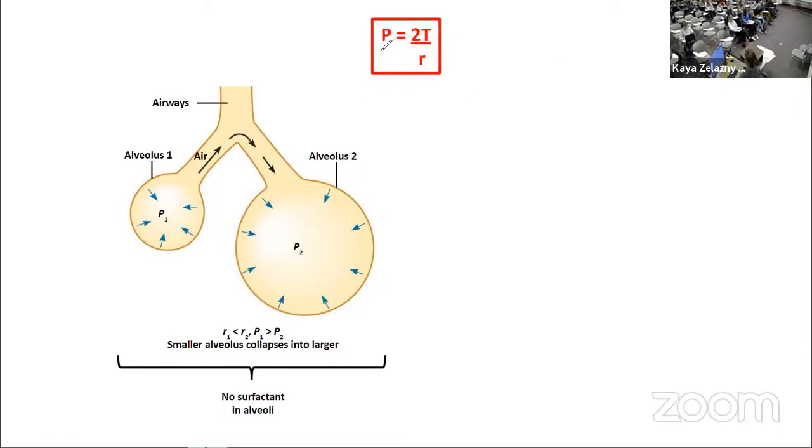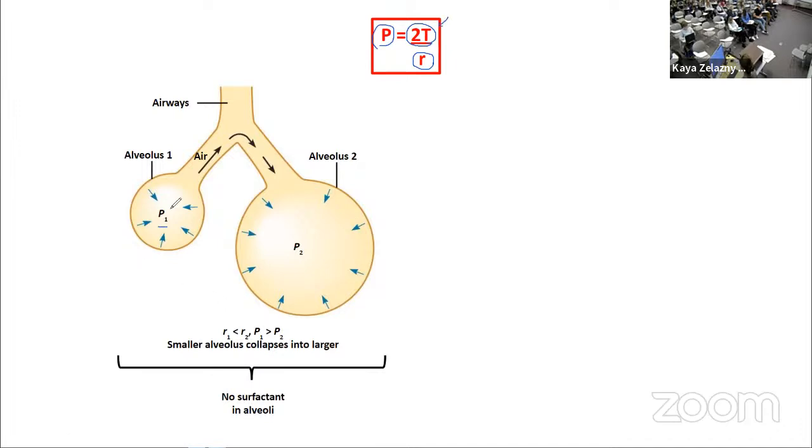Fundamentally, what we're looking at is that the pressure in our alveoli is related to our tension as well as to the radius of the alveolus. In our smaller alveolus, we're going to imagine a situation in which the tension is the same for each of these.